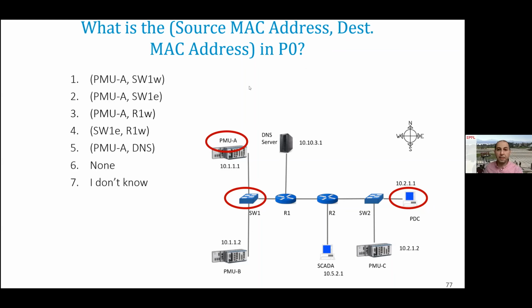P0 is the packet that's sent from PMU A to the DNS. It's the DNS request, asking to resolve the name of the PDC. So here we have a packet going through the router to the DNS.